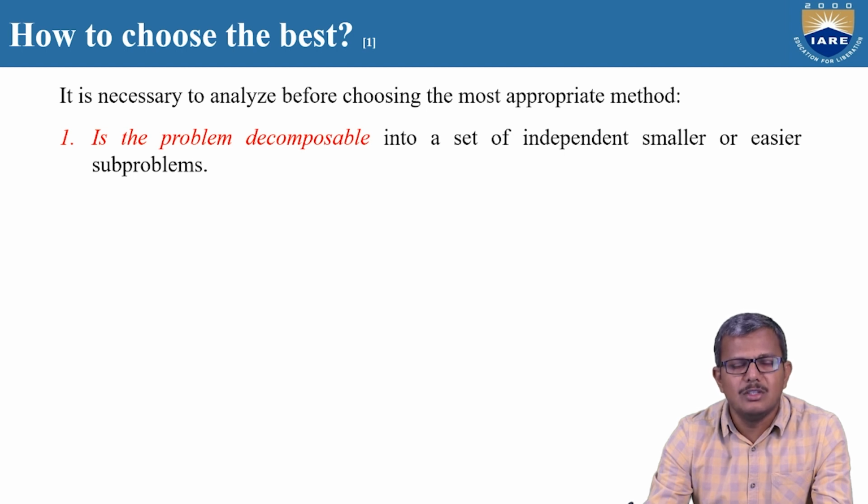For that, we are going to study 7 to 8 different characteristics of the problem. Once we understand the characteristics of the problem, we can easily identify which heuristic search technique is suitable to apply. So the first characteristic is: is the problem decomposable?